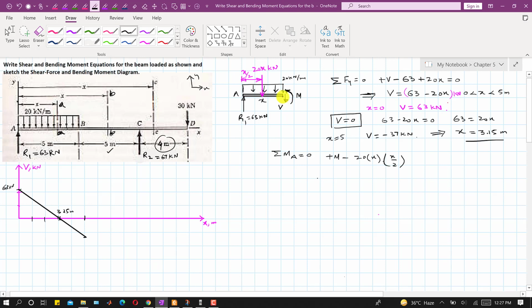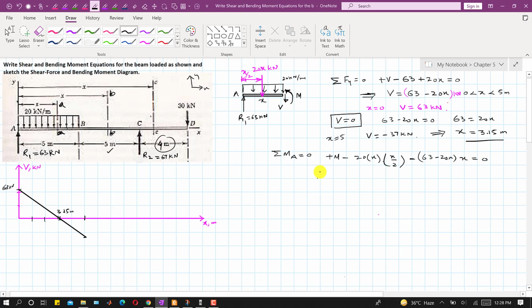And similarly, as we can see, this shear force V is producing the negative moment about that point A as well. So I will write minus V, and we know the V equation. So V is 63 minus 20x, and the perpendicular distance of this V from that point A is x. So I will multiply this with x, and this is equal to 0.